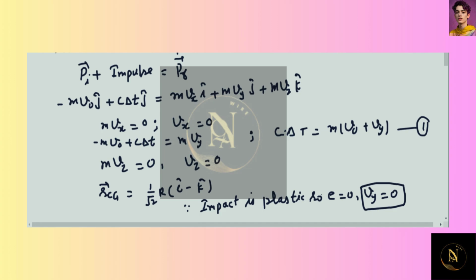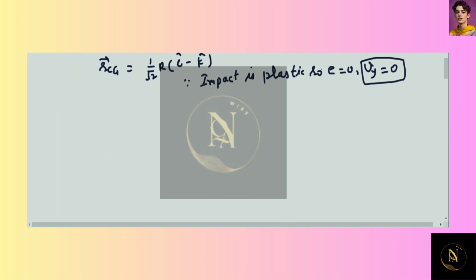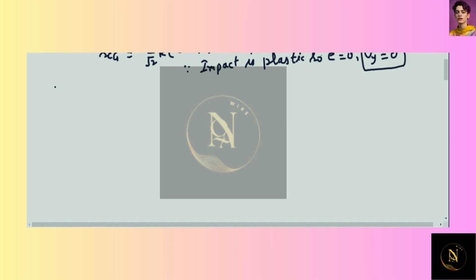Now velocity of C can be written as velocity of G plus omega cross rCG.